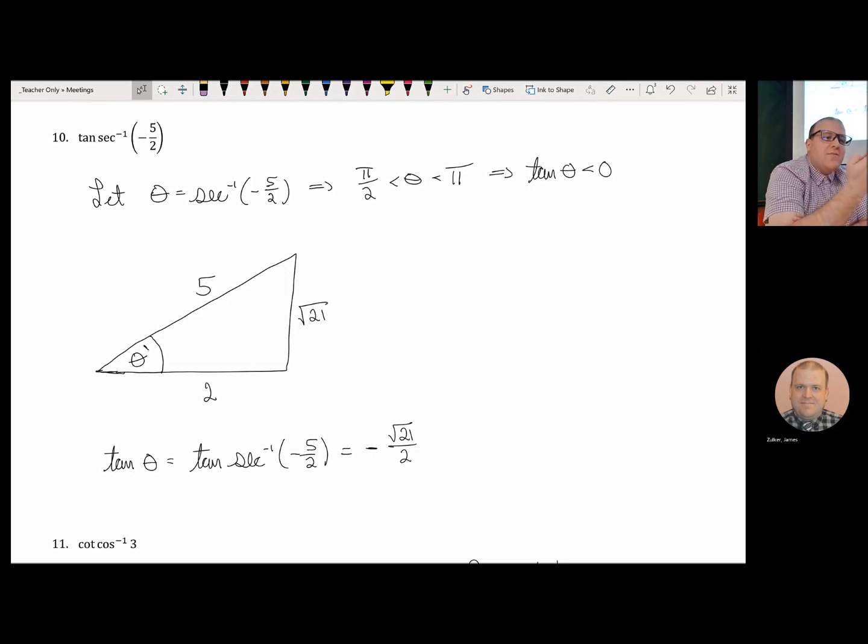We're also going to look at verifying identities. You're going to be given an equation with a bunch of trig functions, some trig expression equals some other trig expression. You have to verify it, in other words, get one side to match the other side using identities, and then solving trig equations. And then that'll be it for the semester.